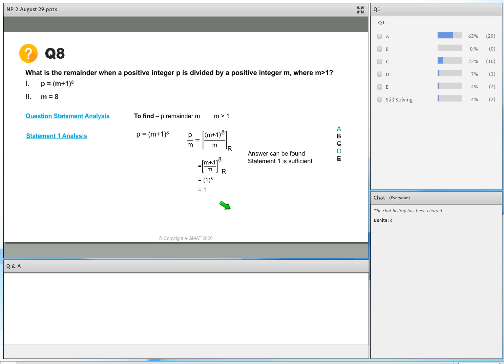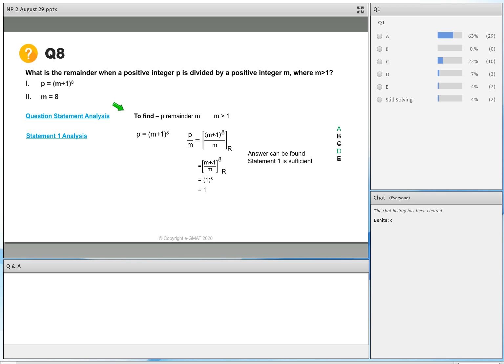Let's see, and you should all be with me when we go to the 9th question. We want to find the remainder when P is divided by M, and M is greater than 1. P is (M+1)^8, and M is 8. That's the second statement.